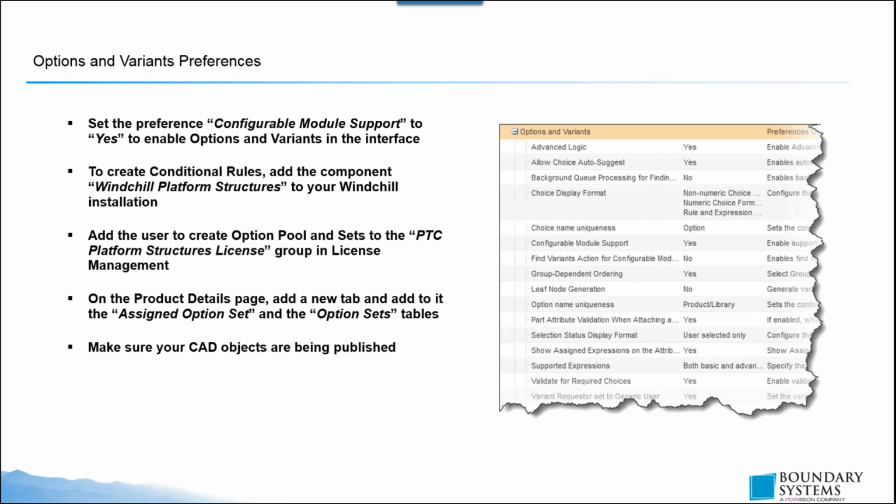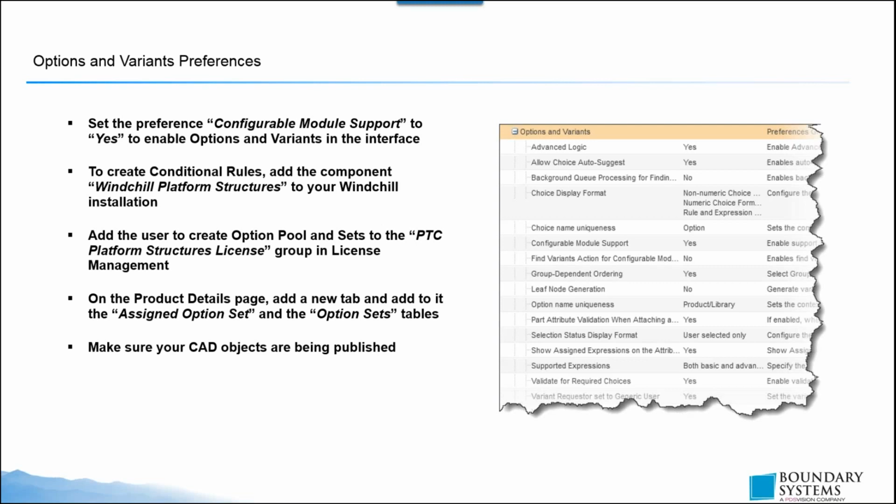Once you have done that, then you potentially will have to visit the license management in your site and add the user to this platform structure license that you will see there. And once you have done that, at that point, that user will see the tab to do conditional rules.